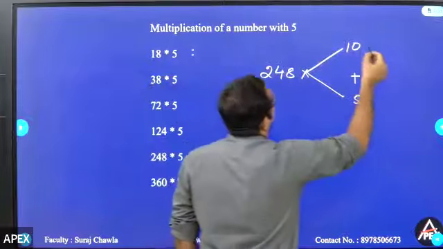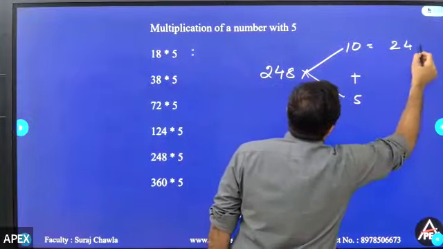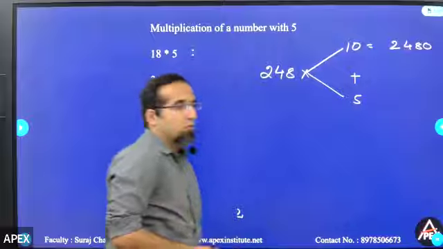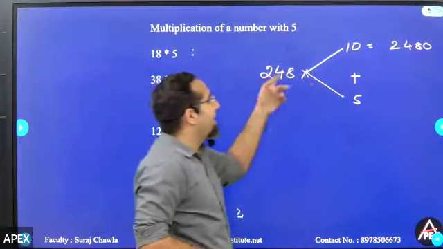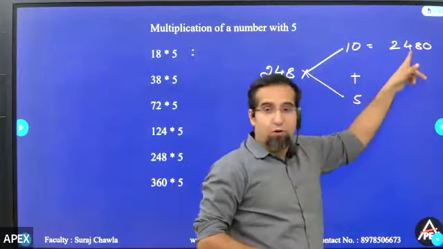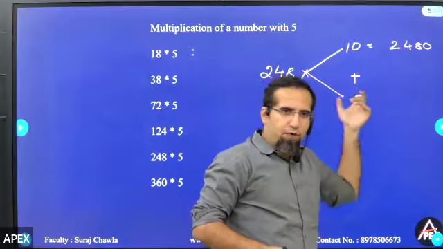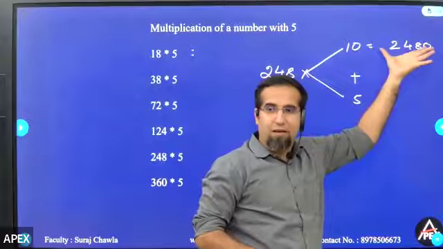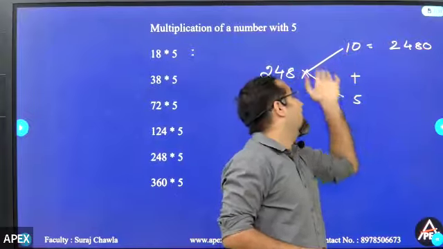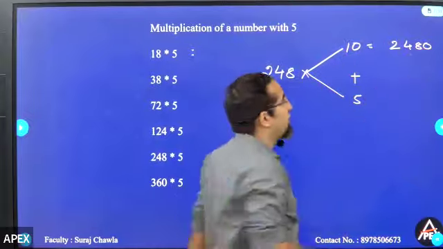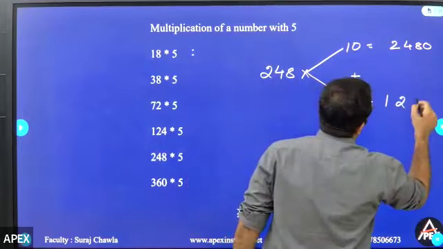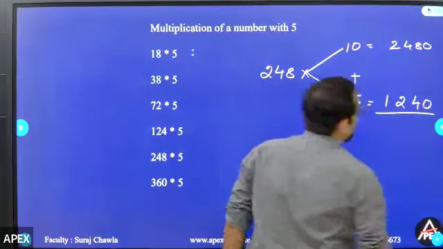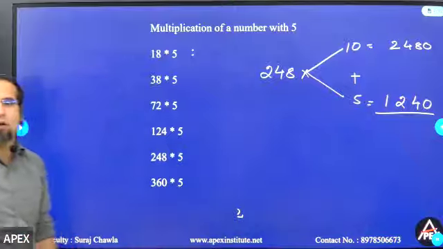So 248 into 10 will give me how much? 2480. Now we know that 248 into 5 is half of this value. Into 5 is half of 10. And I already have multiplied by 10 here. So 248 into 5 will be half of this value. And that makes it 1240. Just add them and get your final answer.